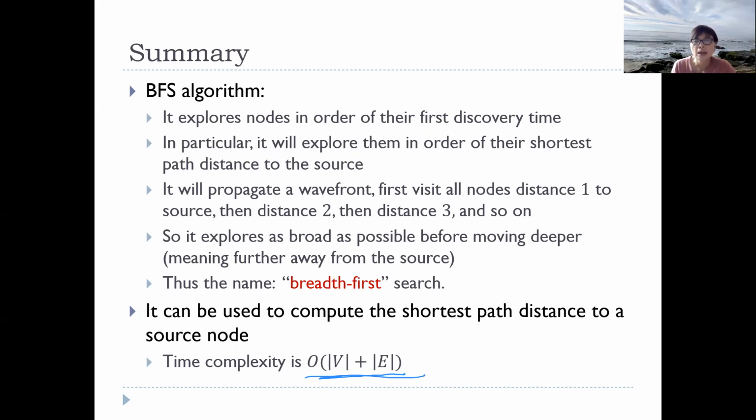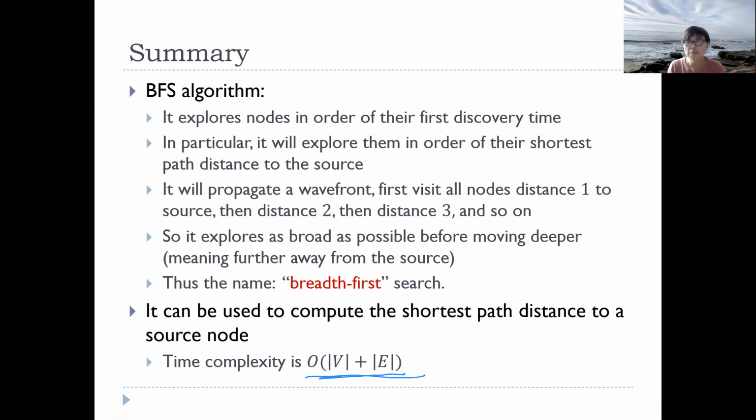But it has the additional property that when we explore those pending nodes, we always explore them in order of their first discovery time. It turns out that we are exploring all the nodes in order of their shortest path to the source.